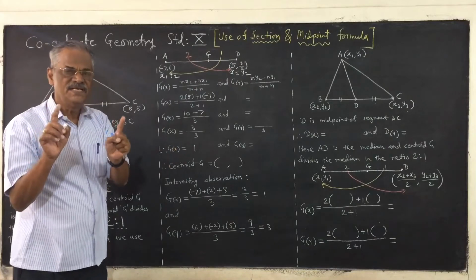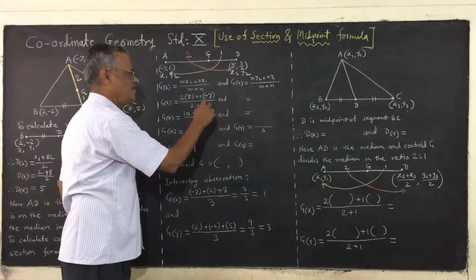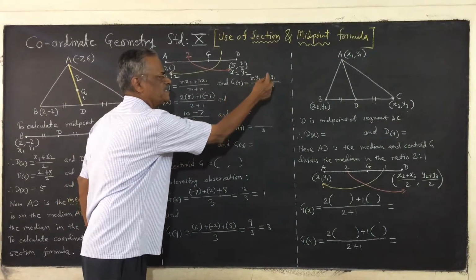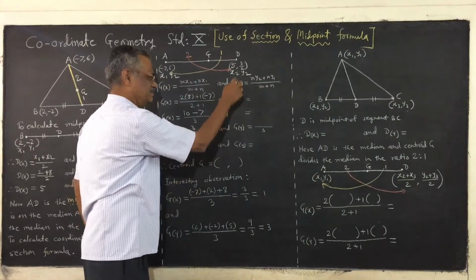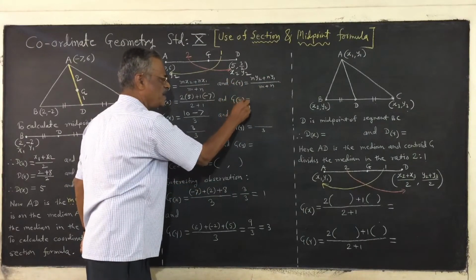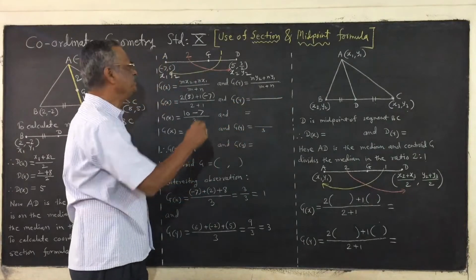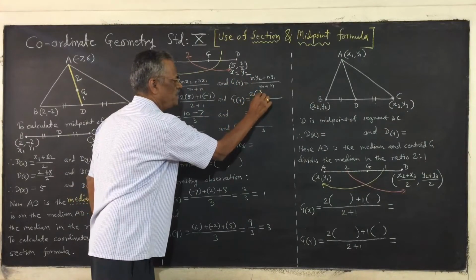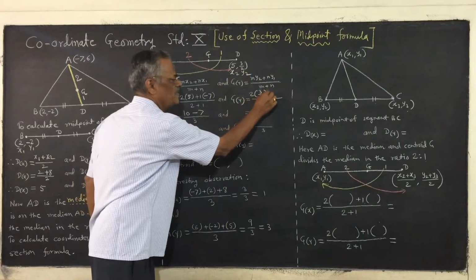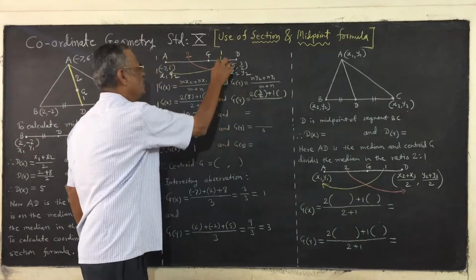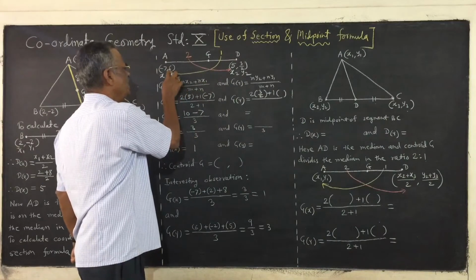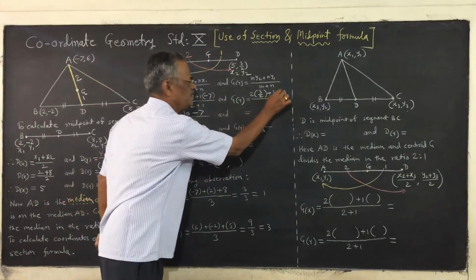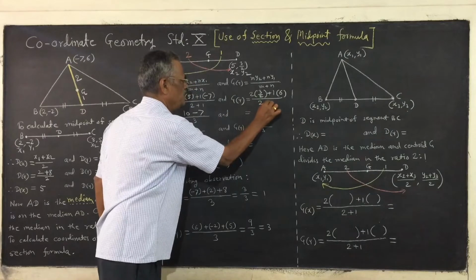Of course, it is the centroid there. Similarly, we can use the section formula. Remember, (m y2 plus n y1) upon (m plus n). G centroid, y coordinate. Substitute values properly. 2 into y2: 2 into 3 by 2, plus 1 into y1, which is 6, divided by 2 plus 1.